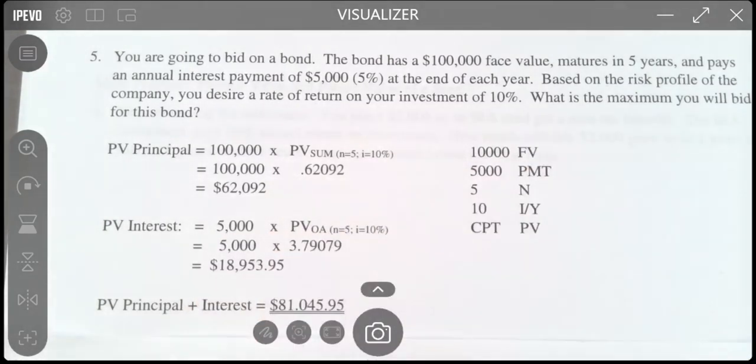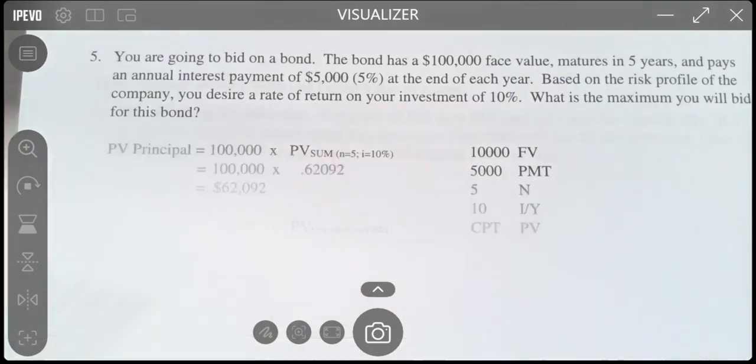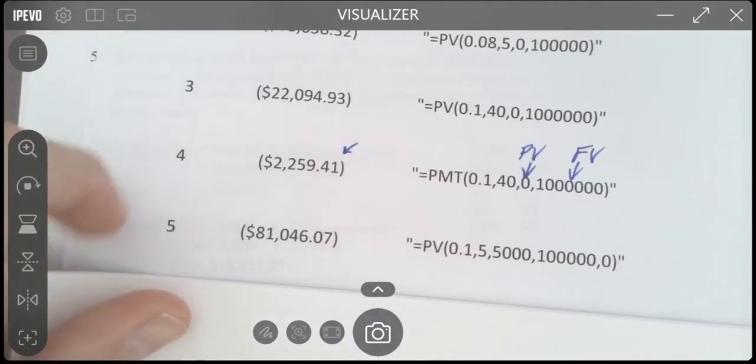And then it's pretty easy to do this in Excel.